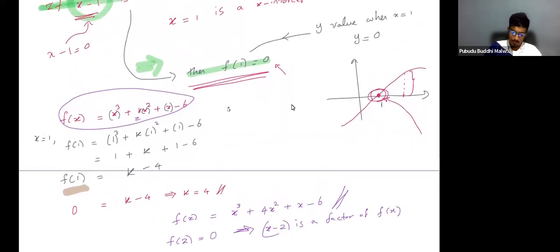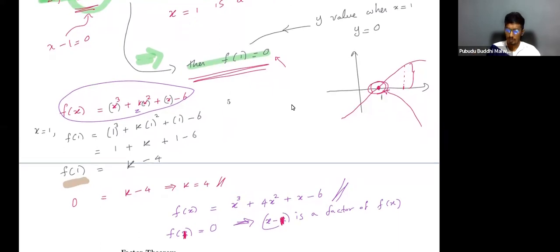If f of 1 equals 0, then x minus 1 is a factor of f of x. Also, the other direction is correct. If x minus 1 is a factor of f of x, then f of 1 equals 0. That's why I mentioned previously, you can go both ways. In this problem, particularly, we followed this path because we had that information: x minus 1 is a factor of f of x. For some problems, you might have to follow the other direction.